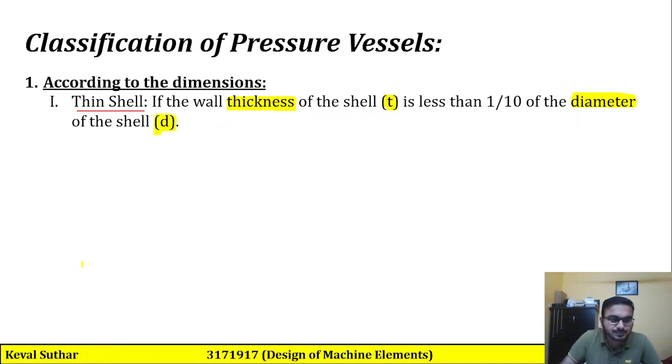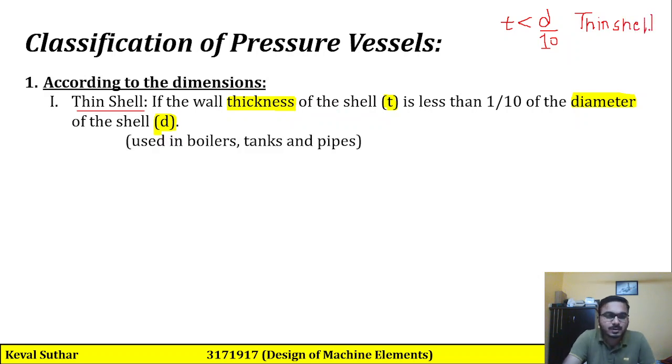So here, if the wall thickness t is less than 1/10 of the diameter, then it will come into the category of thin shell. Next, this kind of thin shell is used in boilers, tanks and pipes.